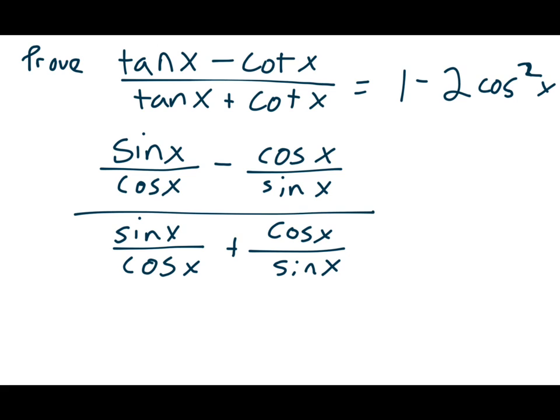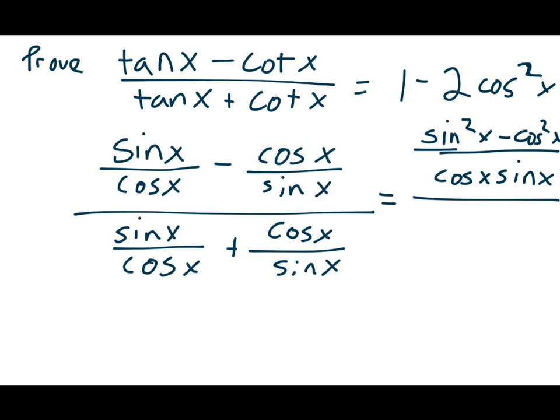On top, the common denominator is going to be cosine of x, sine of x. So on this side it's going to be sine squared x minus cosine squared x, all over sine squared x plus cosine squared x, all over cosine of x sine of x. Okay?